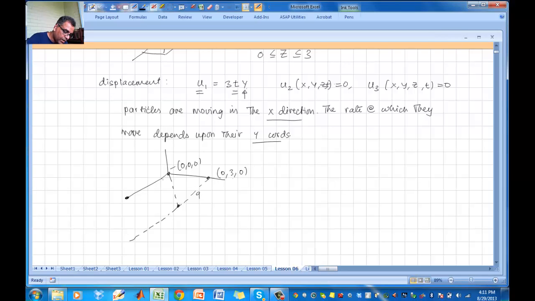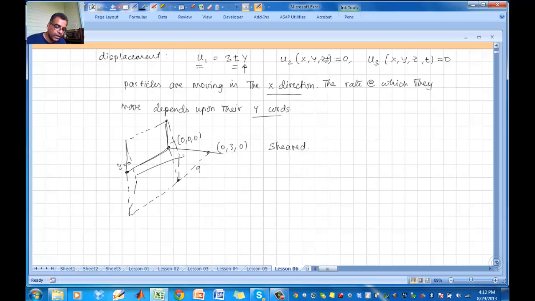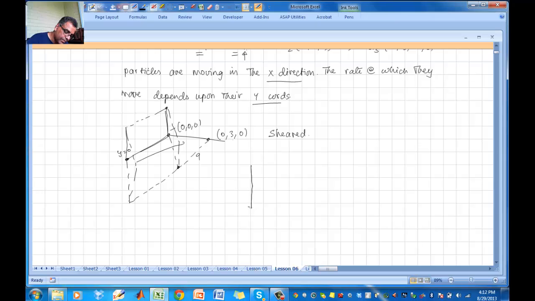This will not move at all because y is 0. These points will move, so you'll get like that. The vertical points will not move at all. This whole plane will not move. This will be sheared. I can show you better in the xy plane. This is x, this is y, this is the top view, and the particles at larger y will move like that.